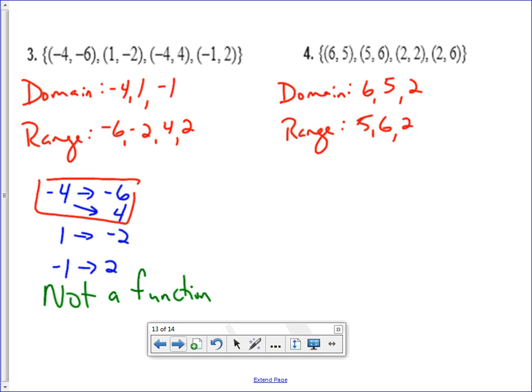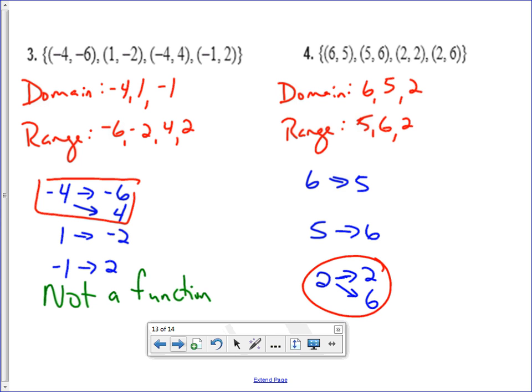So my mapping would look like a 6 maps to a 5, a 5 maps to a 6, a 2 maps to a 2, but also maps to a 6. So again, we can see here that we got the rule breaker, and this one we would have to say is not a function.